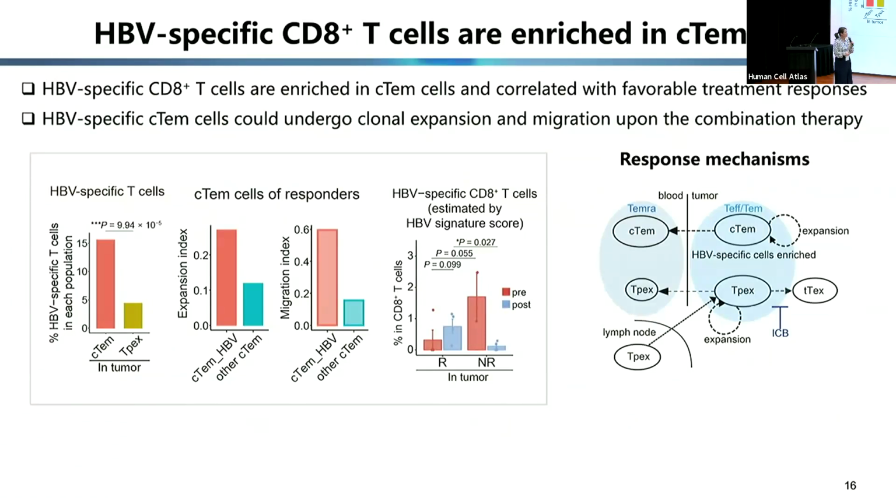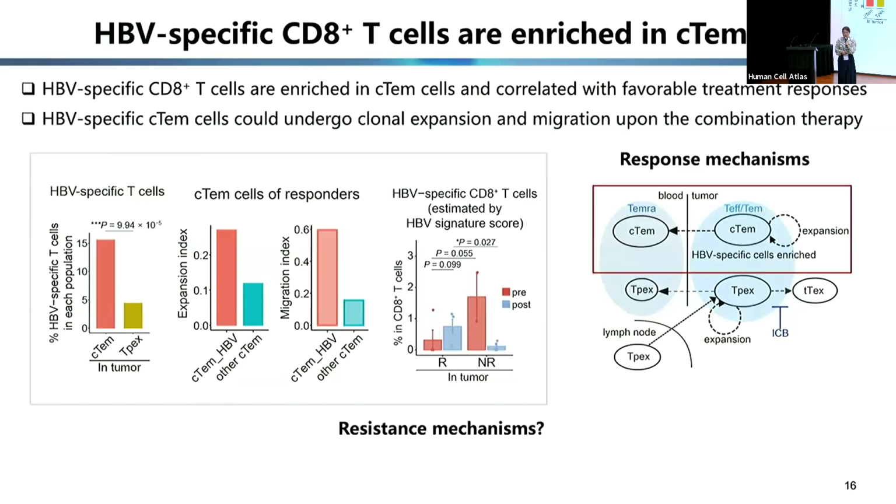And for the analysis, the signature score revealed that these HBV-specific T cells showed elevated proportion in the responders. So to summarize the response part, we found that the circulating effector memory T cells enriched with HBV specificity contribute to the improved treatment efficacy of the combination therapy. So the next question is, what are the resistance mechanisms?